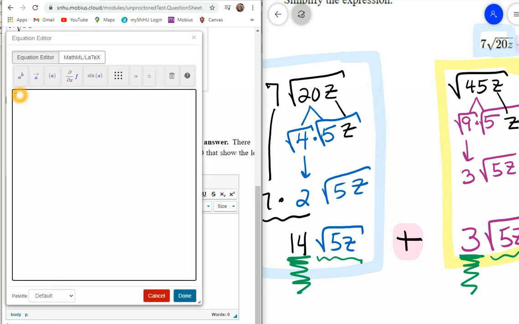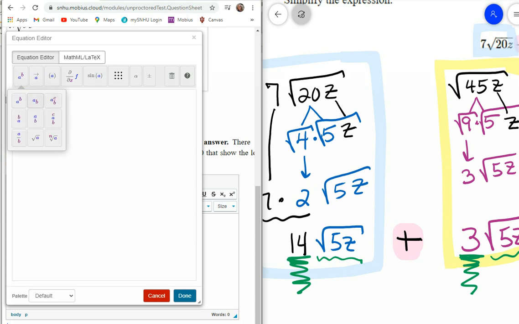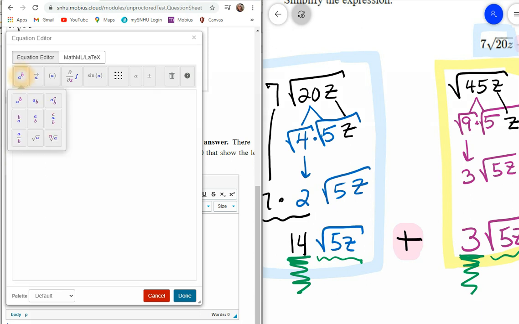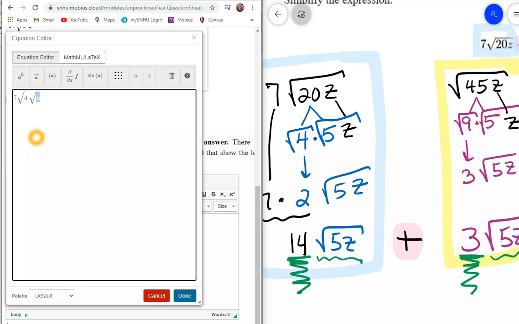I'd go 7, and then I'd type in the square root of 4, and then another square root of 5z, and then get out of there and put a plus sign, a few more steps, and then I put the square root of 9.